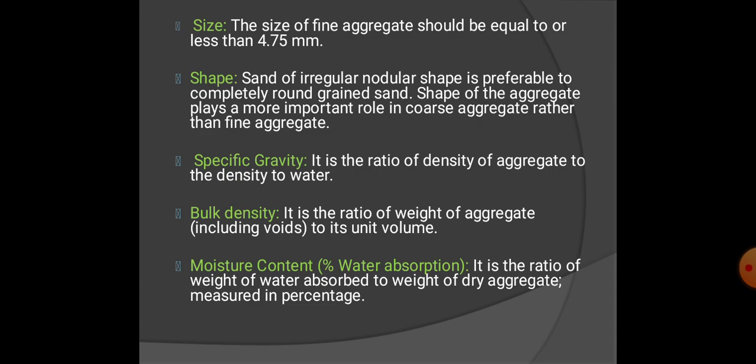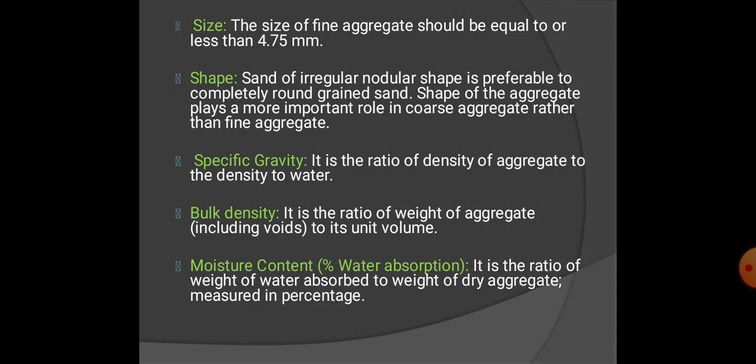So this is used for concrete mix design, and if not specified, the specific gravity is taken as 2.7, as the specific gravity of the majority of aggregate obtained from different sources falls between 2.6 to 2.8.